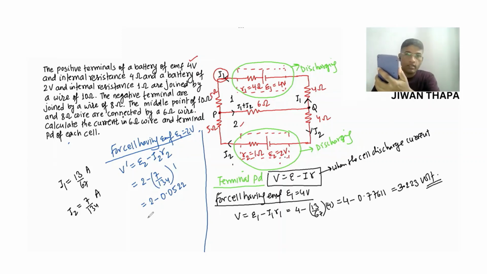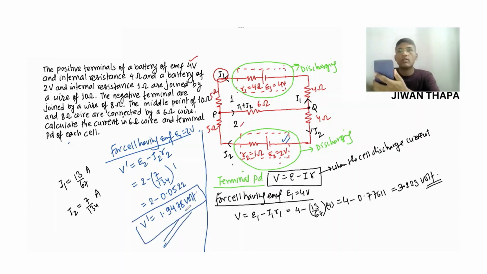So we get terminal PD of this cell equals 1.9478 volt. So we have this.